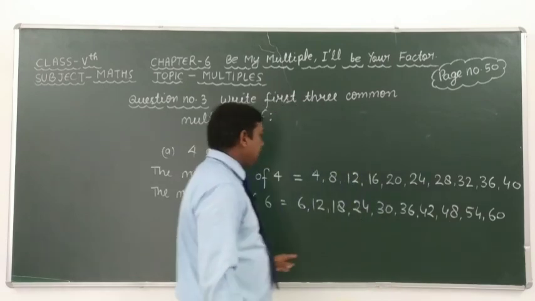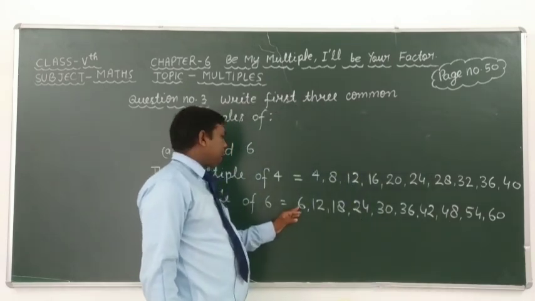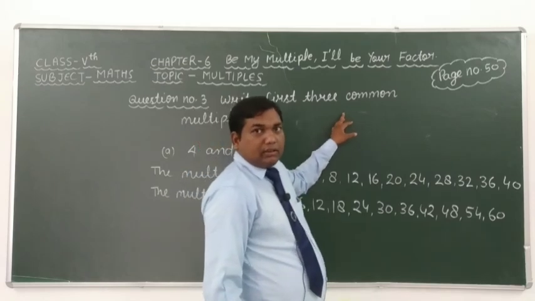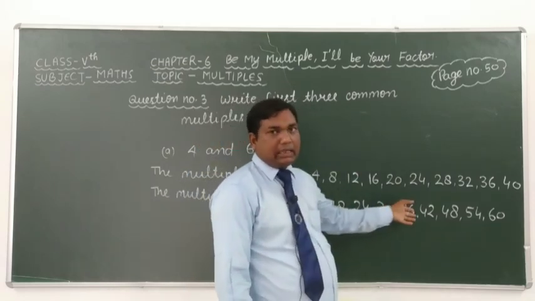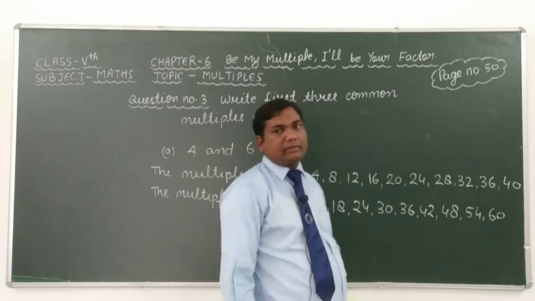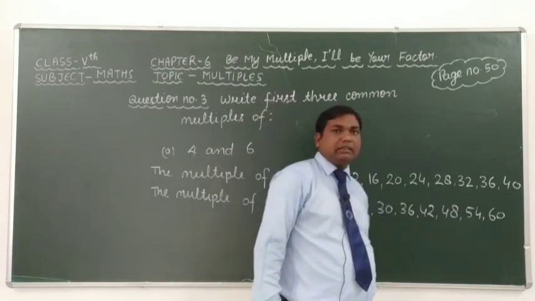Okay students, it means that here we take the multiplication of 6 by 1, 2, 3 and so on, in last by 10, then we get 6 10 is 60.